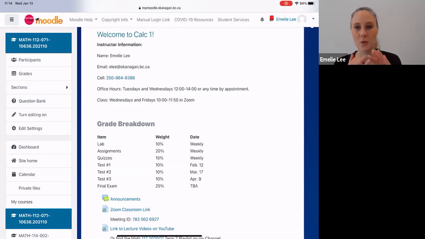But then essentially test 1 is after chapter 2, test 2 is after chapter 3, and then test 3 is after chapter 4. Those will be individual tests, and then the final exam will be cumulative during the final exam schedule. So it'll be all the material that we've covered.